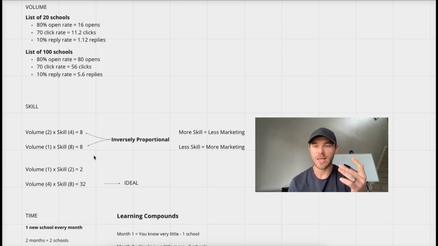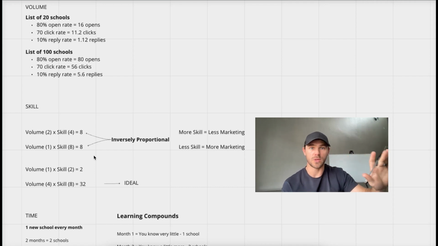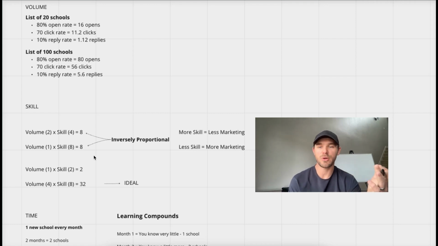Now let's look at the bottom example of what happens when you are still on the inversely proportional side, but you don't actually follow those norms. So for instance, let's say your volume is a 1, okay? You're not putting very much effort in at all. And let's say your skill level is a 2. You're not a great player. Then you are going to get an output of 2. That would be a very low output.